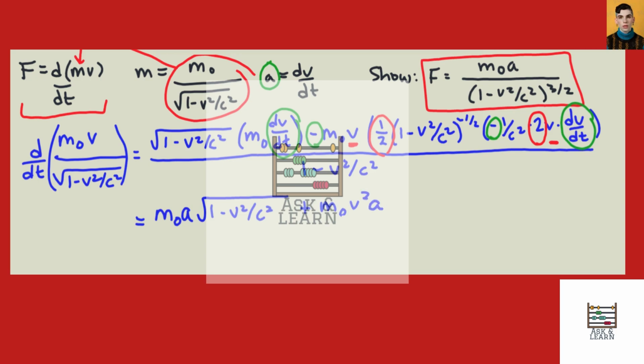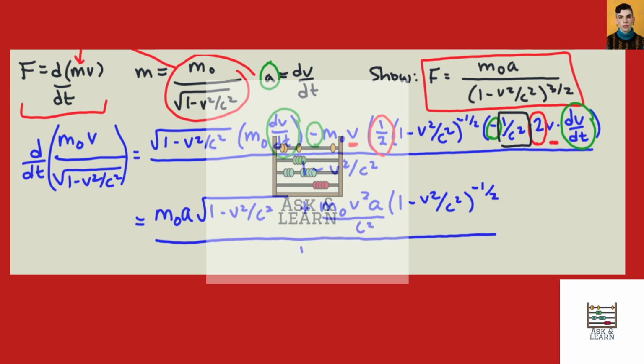See, we have a v here and another v here, so times v squared times a times 1 minus v squared over c squared to the negative 1/2. Let's see, did we get everything? We still have this 1 over c squared. We haven't gotten that yet, so we'll write that as over c squared. And that whole thing is over 1 minus v squared over c squared.